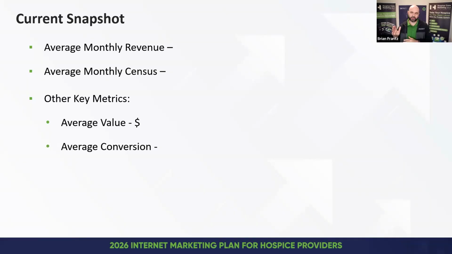Those are really important. I'll give you a minute to open up that workbook and jot this down: average monthly revenue, your average monthly census, and the conversion rate from caller to family member on service. And what's the average value of a patient to your business on a monthly basis?